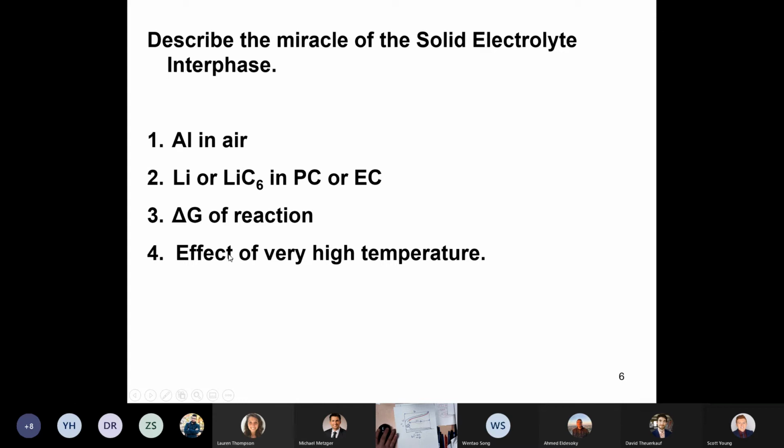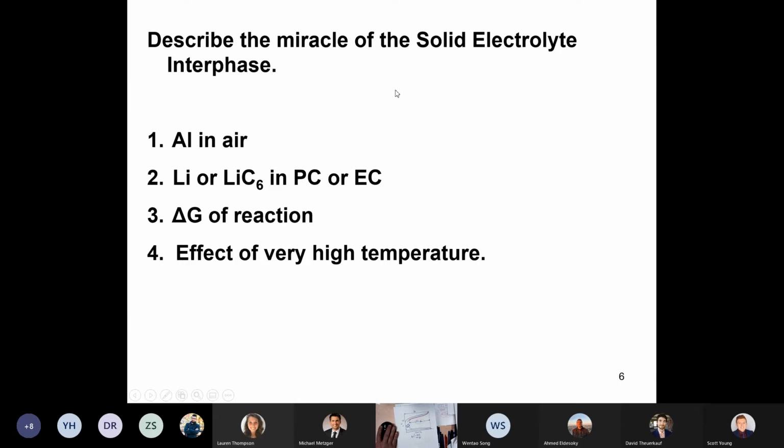The reaction will just continue, and you'll have a self-sustaining runaway thermal reaction, okay? So the passivating layer on lithium metal or lithiated graphite is not thermally stable to enormously high temperature, and that's one of the reasons we have safety issues associated with lithium-ion cells if you're not careful.